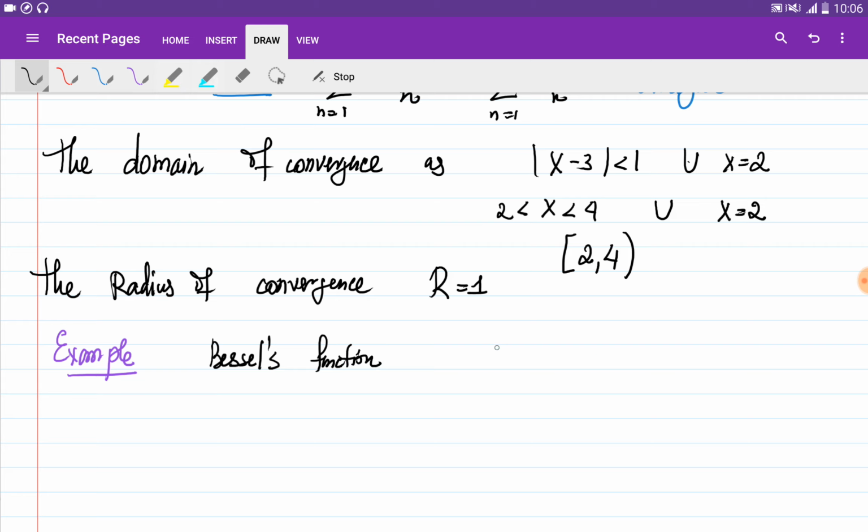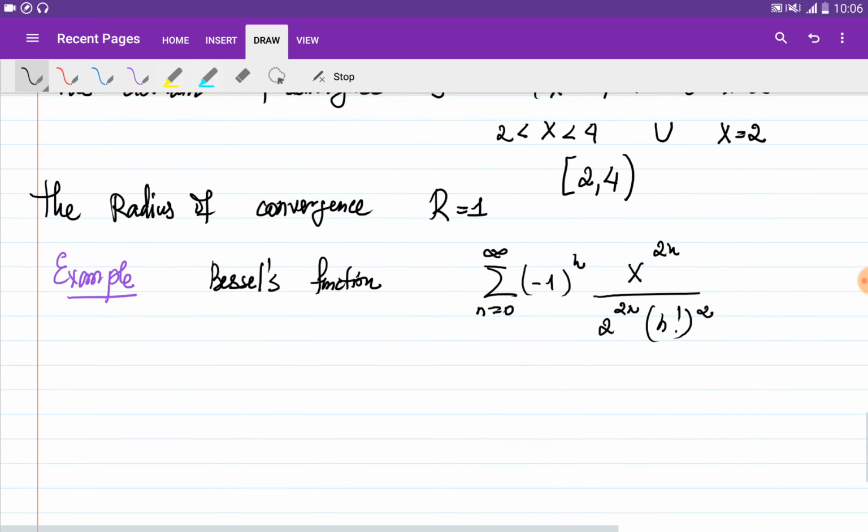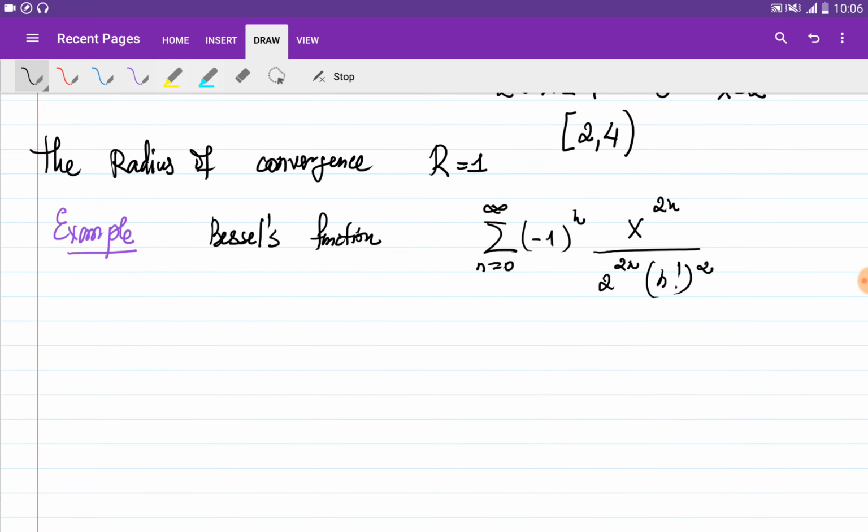This is defined as the power series, n goes from 0 to infinity, of minus 1 in the power of n, x in the power of 2n, divided by 2 in the power of 2n, multiplied by n factorial squared. So we would like to test the series for convergence, and we would like to find the values of x where the series is convergent and divergent.